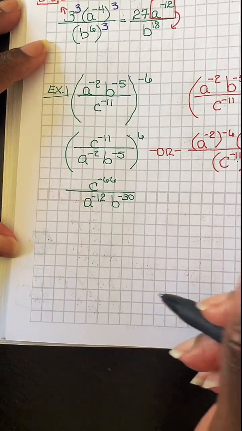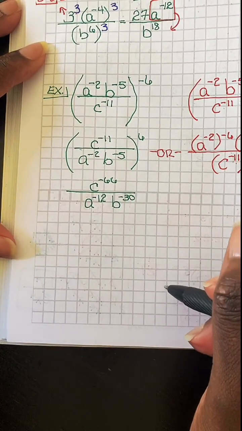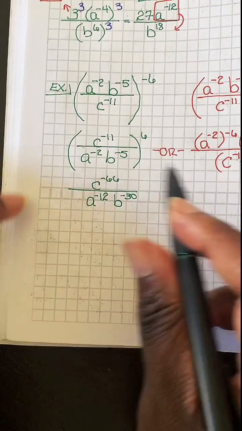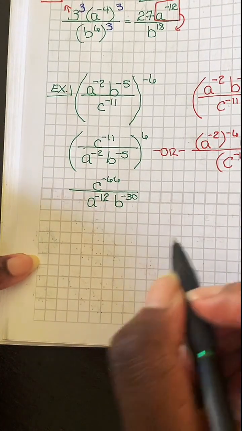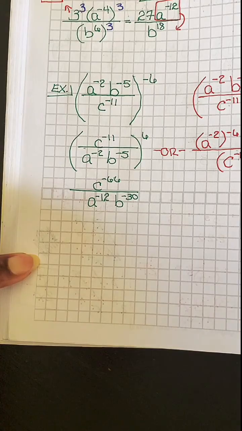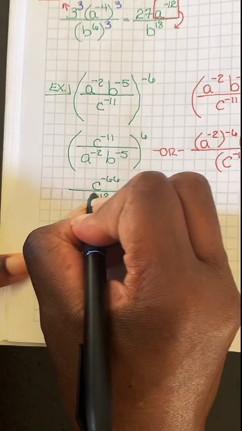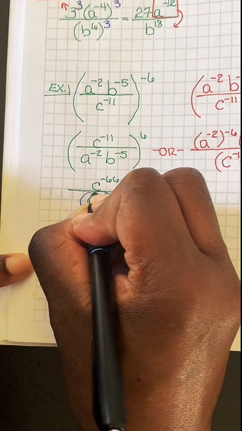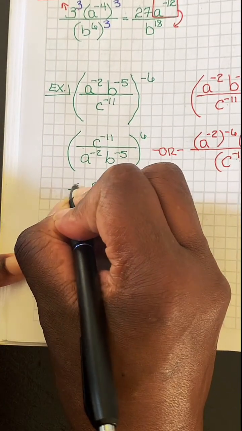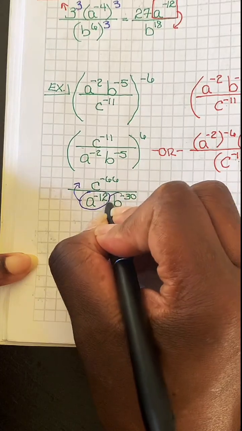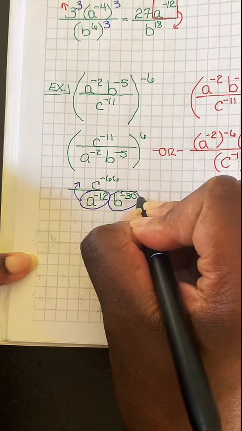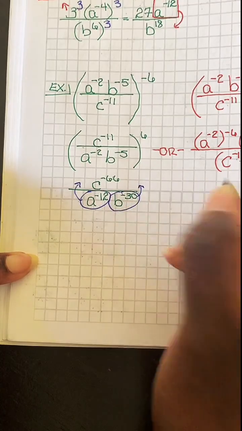Now, since everything has a negative exponent, that means everything is going to do a little bit of traveling. So let me use blue. This A to the negative 12, that's going to go up. B to the negative 30, that's going to go up.